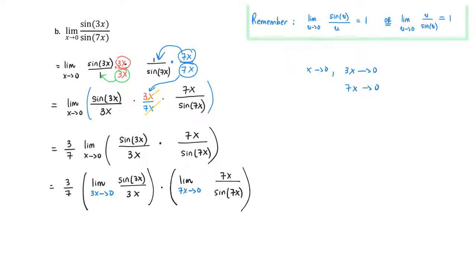And I now know that this limit is equal to 1 and this limit is equal to 1. So given that, I can write 3 over 7 times 1 times 1, 3 over 7 is the value of the limit.